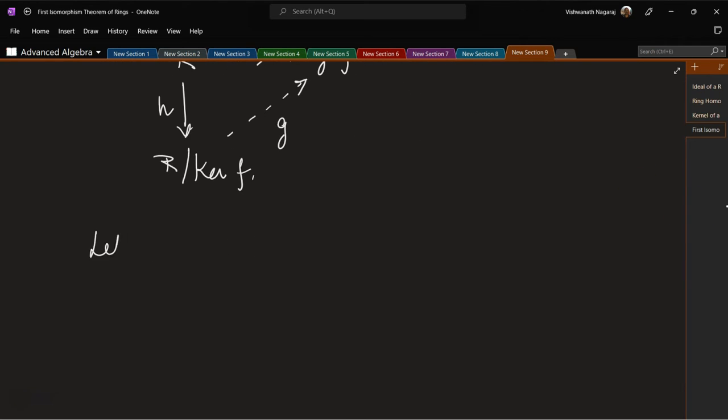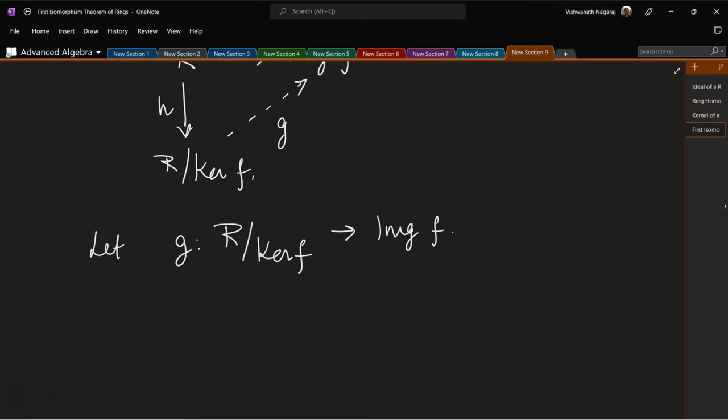Remember, we have to prove this G is an isomorphism. But as part of the proof, let's begin by saying that there is a function which maps R mod kernel of f to image of f.